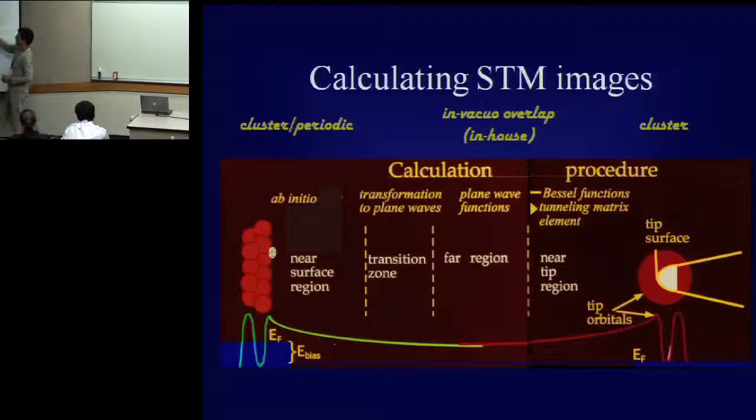And then you have to figure out your own software that tells you how likely it is that the electrons actually tunnel from here to there or from there to here, depending on what the bias voltage is.